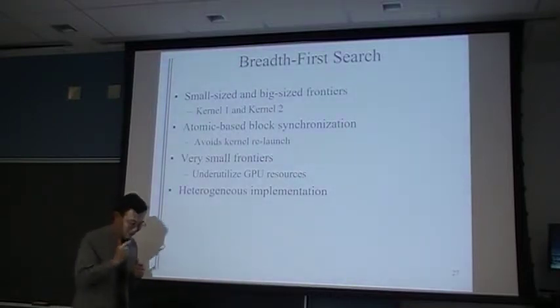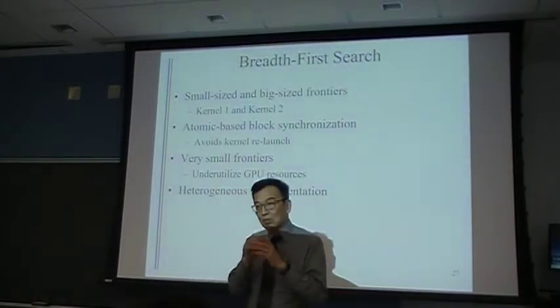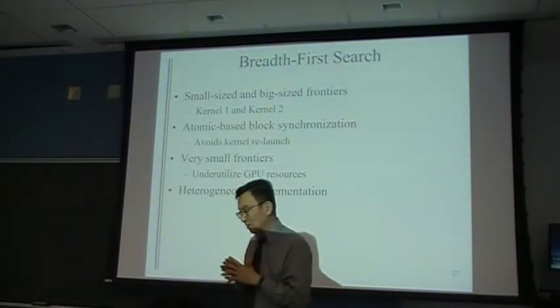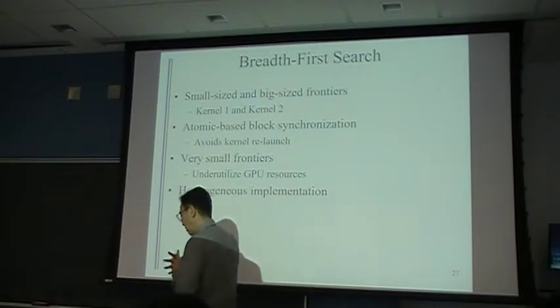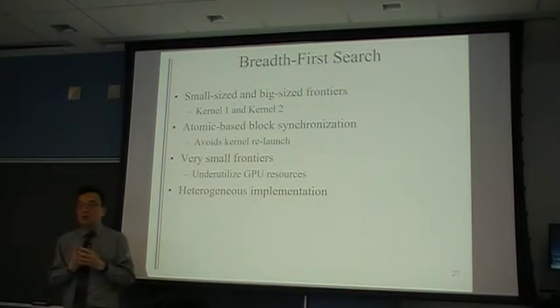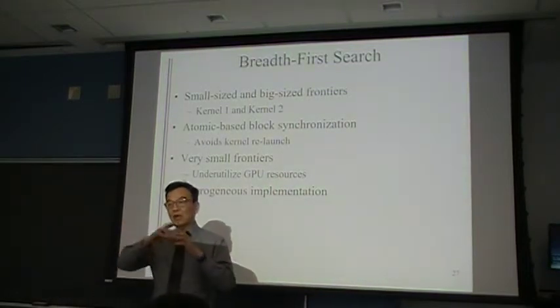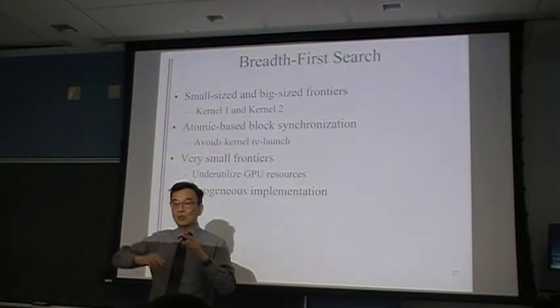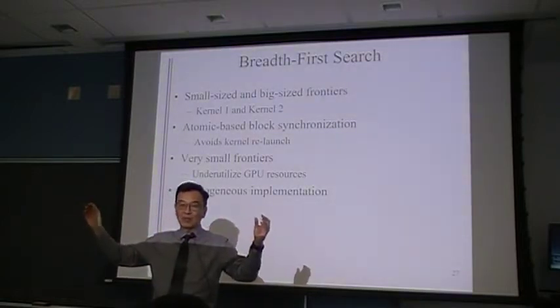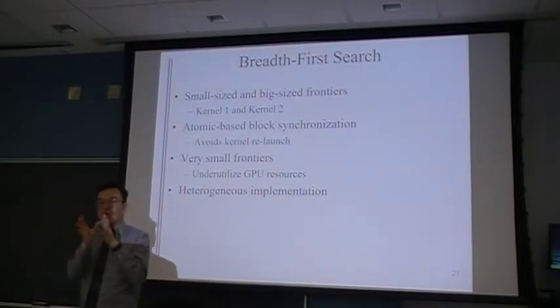So let's go back to the collaborative pattern. We're talking about BFS, right? In the original lecture, when we talked about breadth-first search, we said that in every iteration we generate a frontier. If the frontier is small enough, then we can use a small kernel.